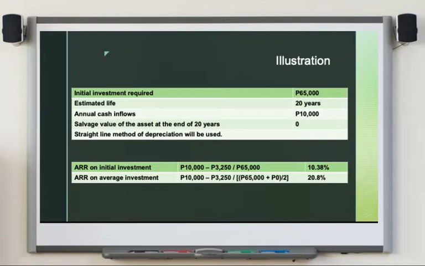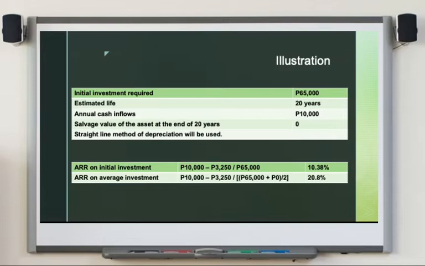Okay, so I'd like you to also take note that in our previous discussion, or in the video recording part 1, whenever we compute for the annual cash inflow, we need to consider the tax effect on the depreciation to arrive at the total annual cash inflow.